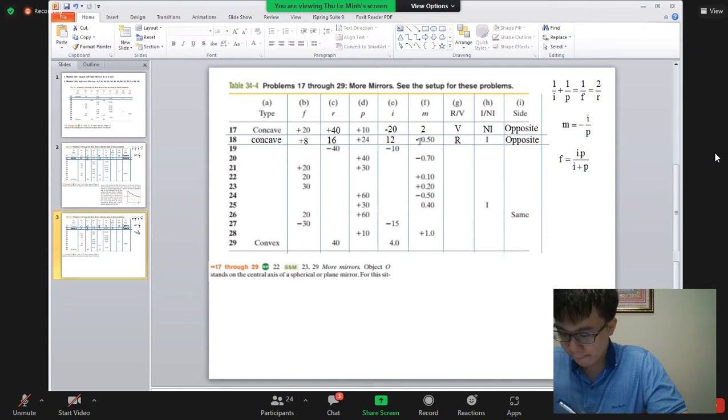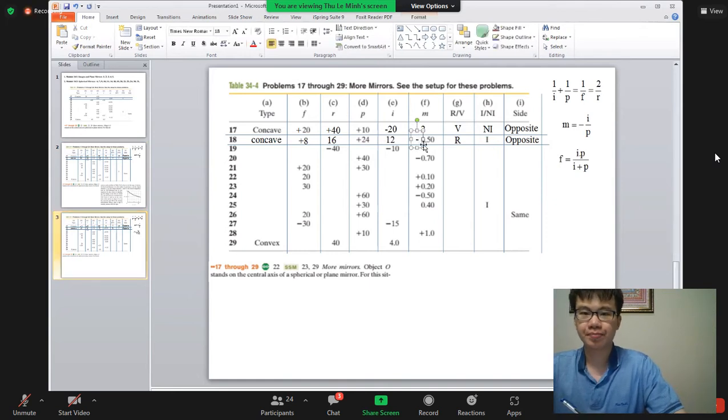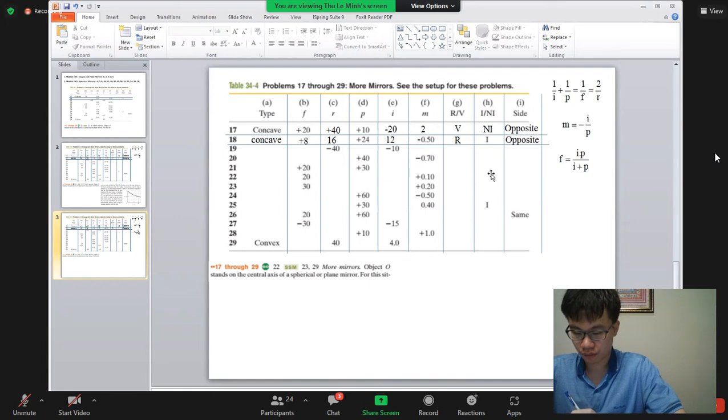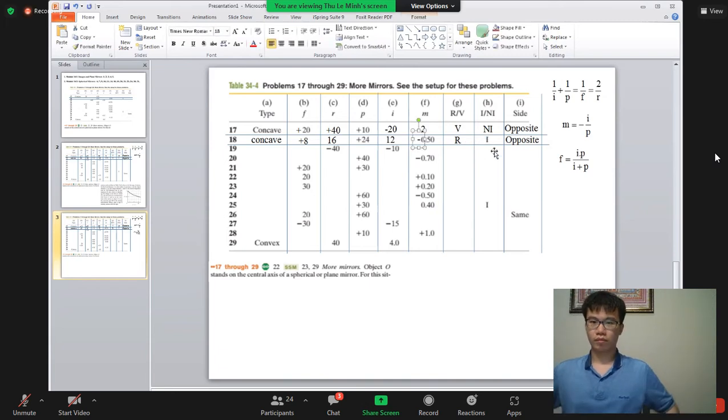It must be minus here. We should fill in a minus sign because the image is inverted.